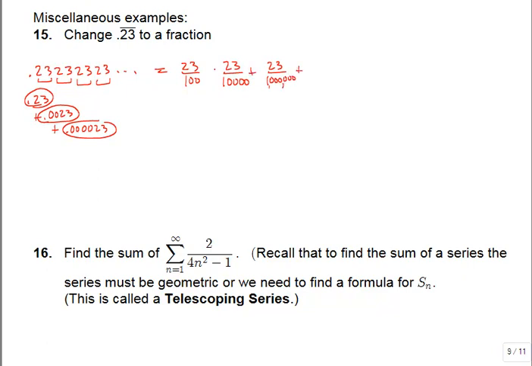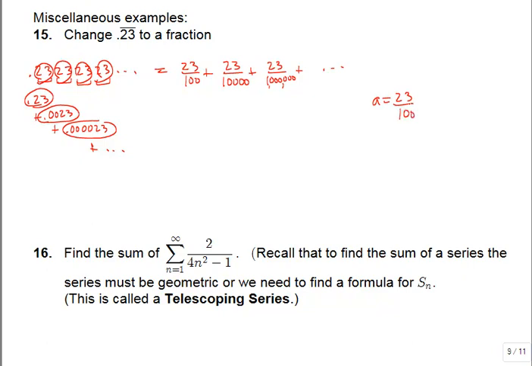And if we add them all together, then we slowly get all of these decimal places filled in. So we continue this pattern. If you rewrite your decimal as this sum of fractions, then this can be thought of as a geometric series, where your first term is this 23/100ths, so that's my a.